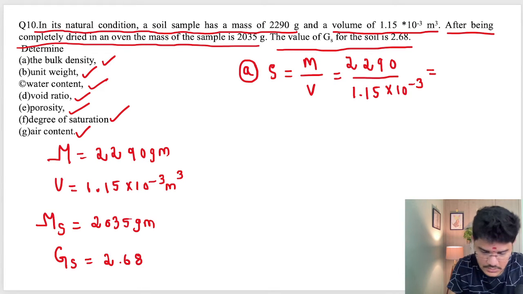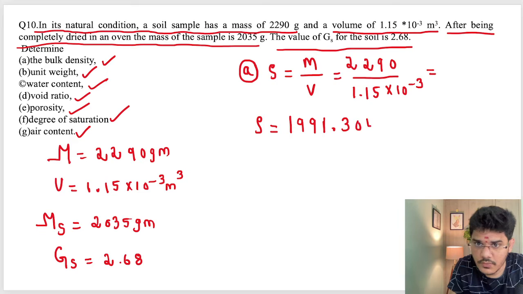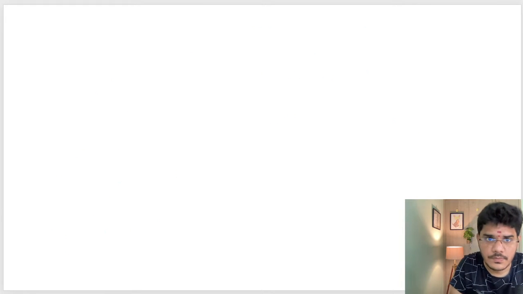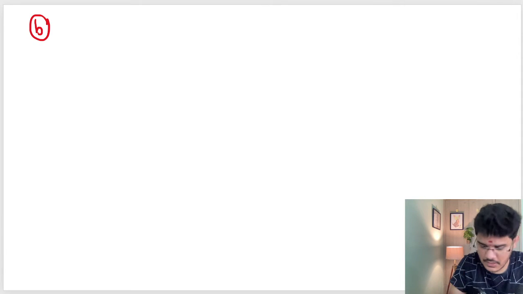So the bulk density is coming around 1991.304 kg per meter cube. I am converting into kg per meter cube. Okay. So next, B. Bulk density we have calculated.